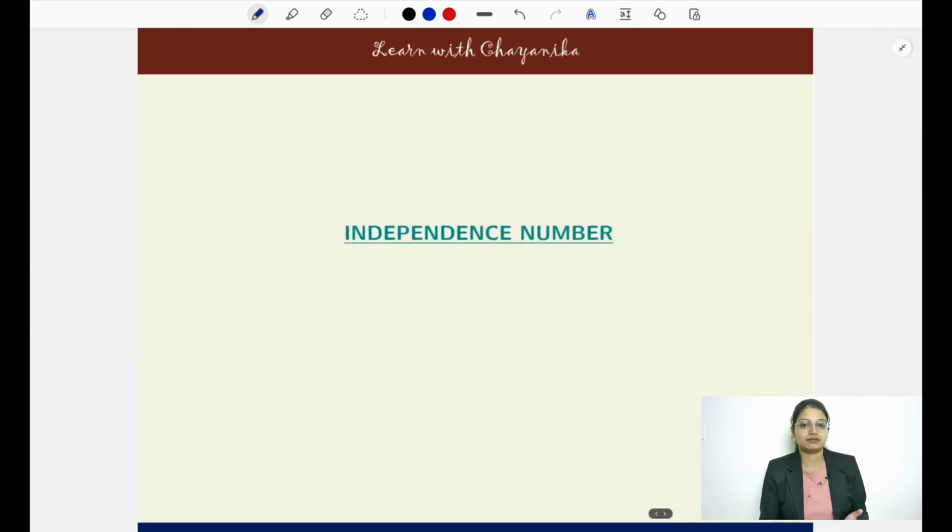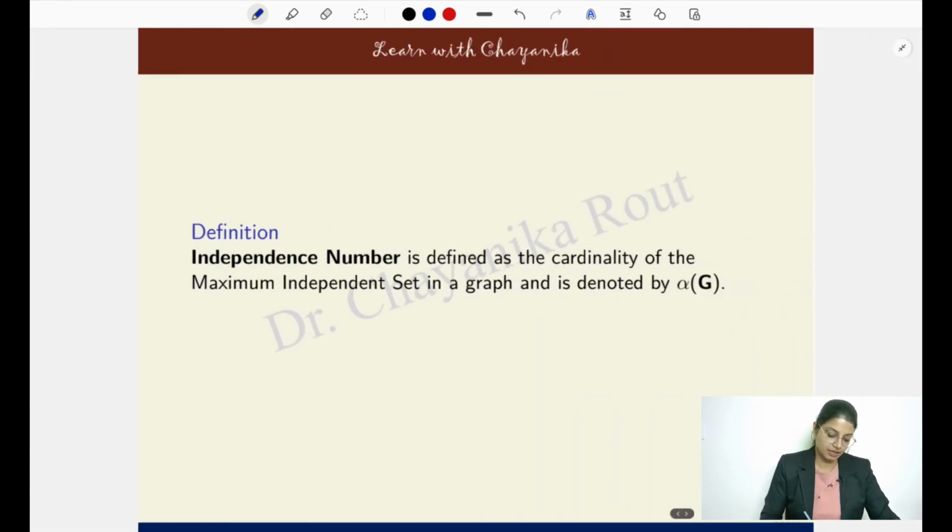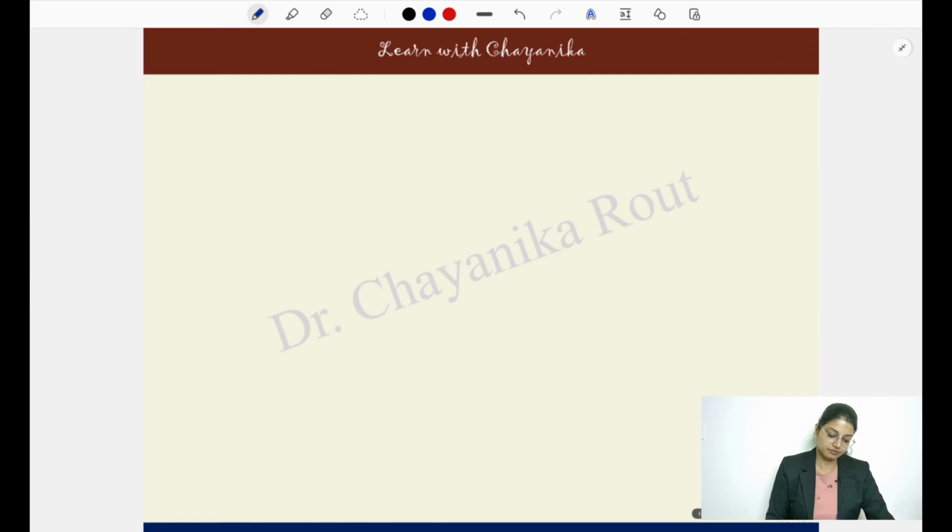Next, independence number. Just like clique number, what is independence number? It is the size of the maximum independent set in a graph. So this is the definition as it goes. Independence number is the cardinality of the maximum independent set in a graph, and the notation that we use for independence number is alpha(G).